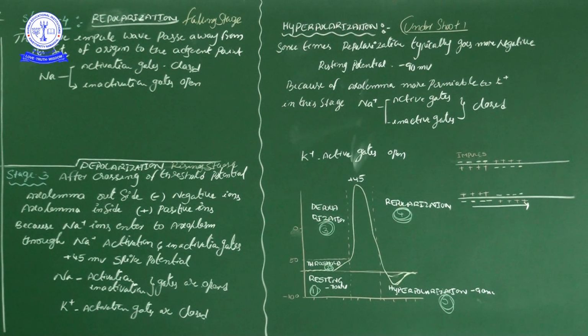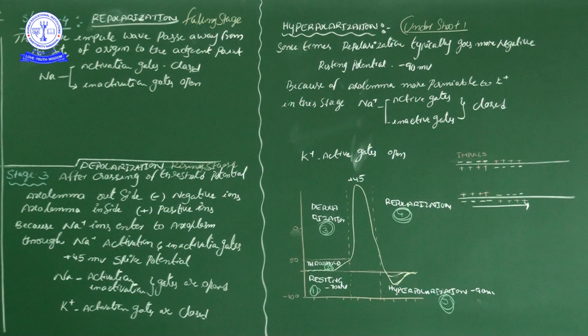In the hyperpolarization time, what will happen? The axolemma is more permeable to potassium ions than sodium ions. In this stage, the sodium activation and inactivation gates are closed. So sodium ions will not move, only potassium ions will move, from inside to outside.